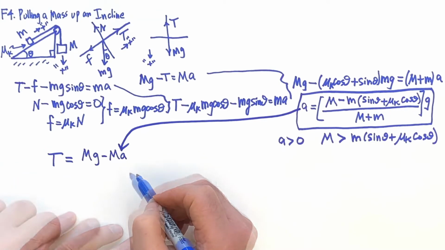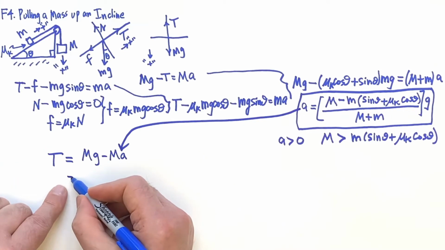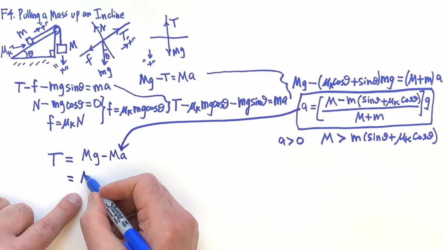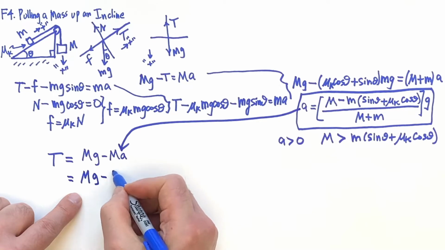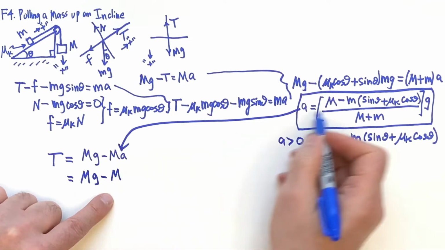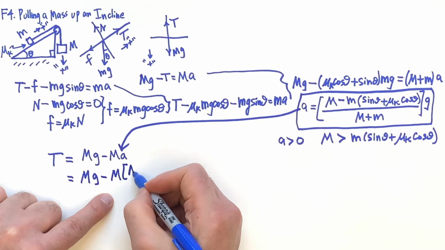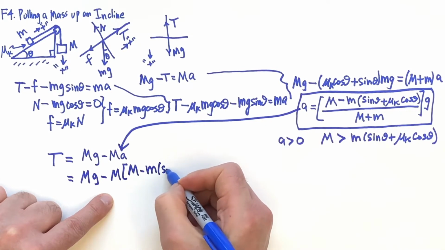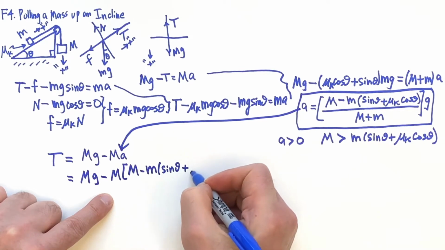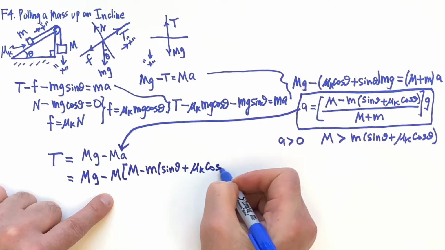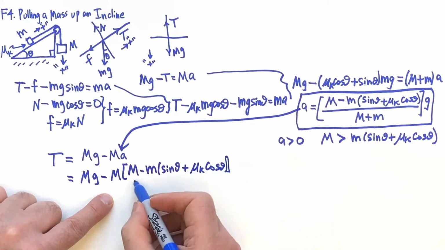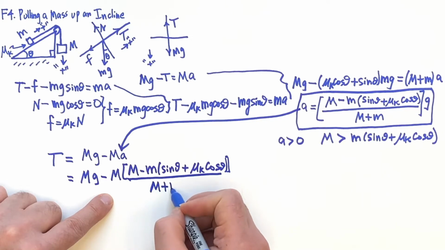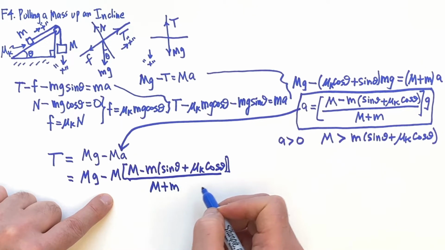All right. Okay, here we go. So this is going to be equal to big Mg minus m times all this stuff, which is big M, I'm just copying this stuff in here, sine of theta plus mu k cosine of theta, and that's going to be over the sum of the masses, and that's going to be g.